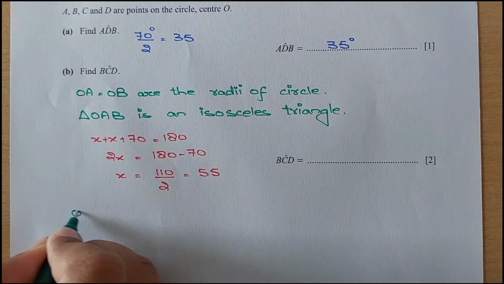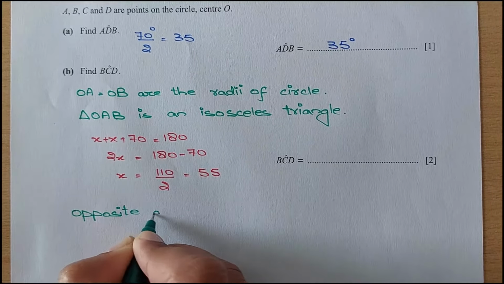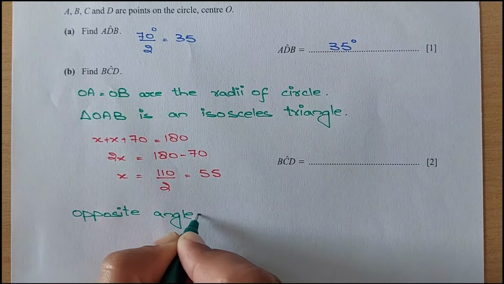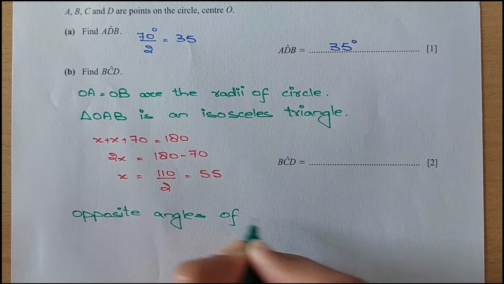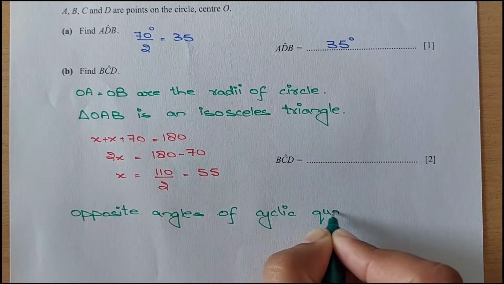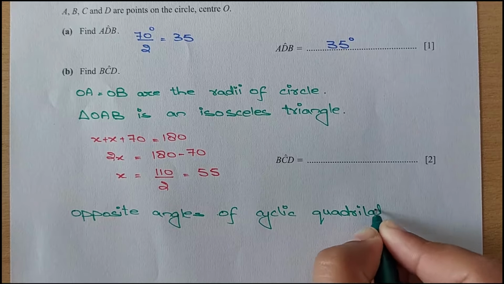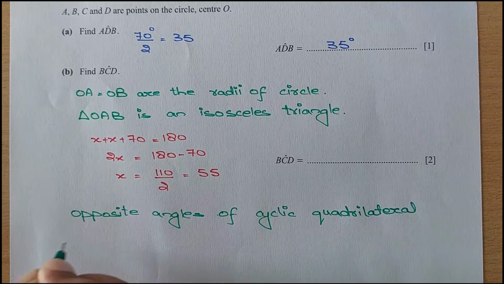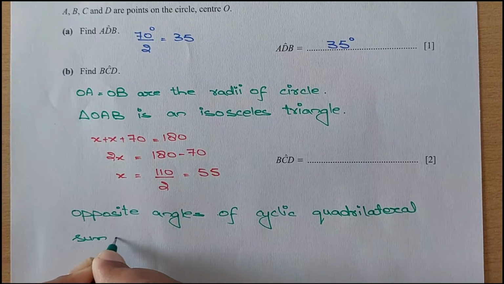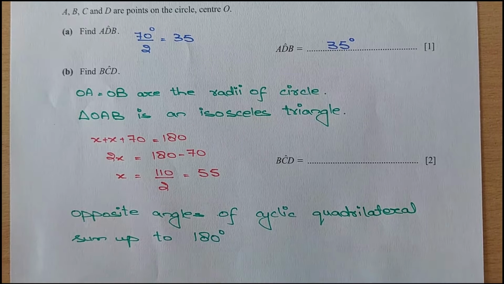Now, we know that opposite angles of cyclic quadrilateral sum up to 180, right?